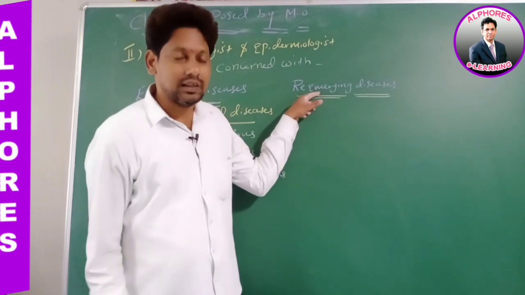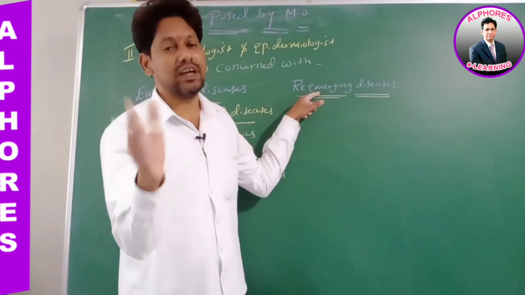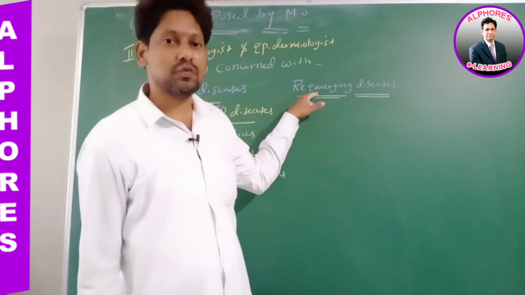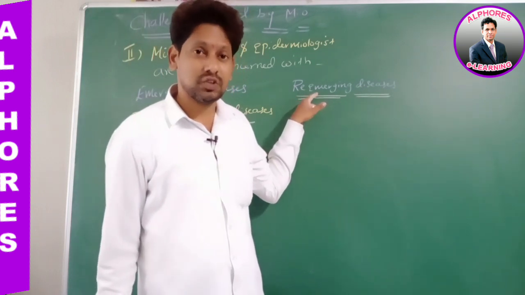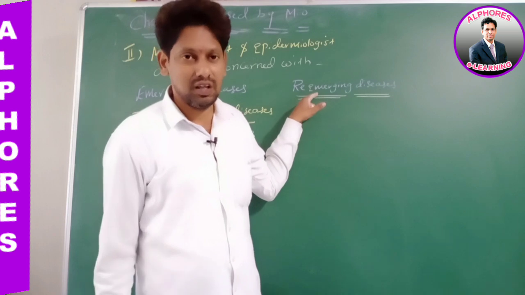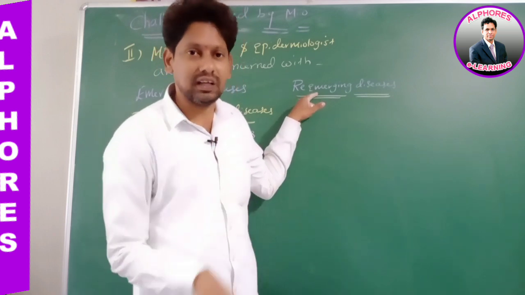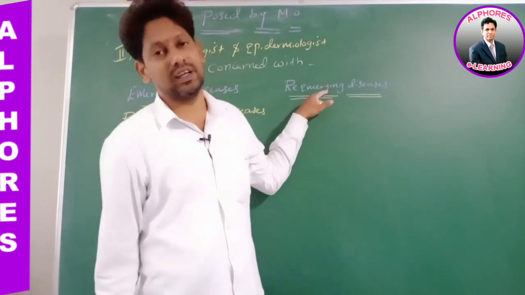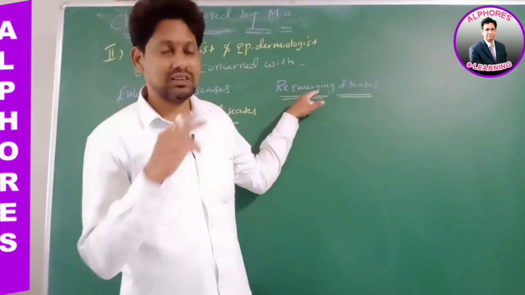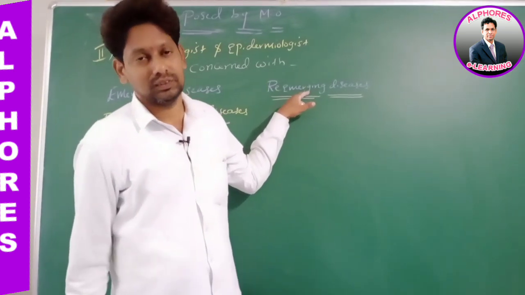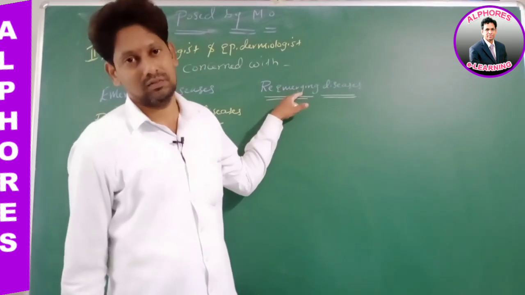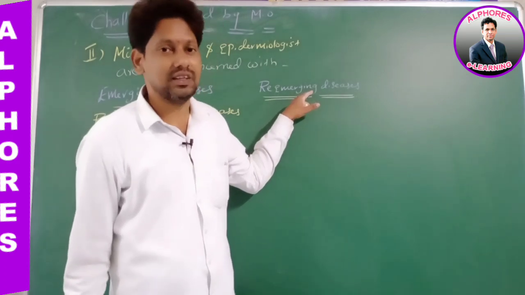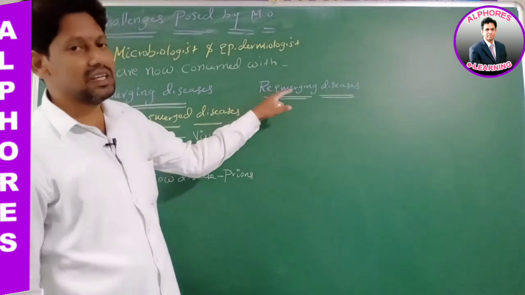And again, now these diseases are appearing, but in new areas, not in the areas where they were seen in the past. What are such diseases called? Re-emerging diseases. What are the examples of re-emerging diseases, sir?